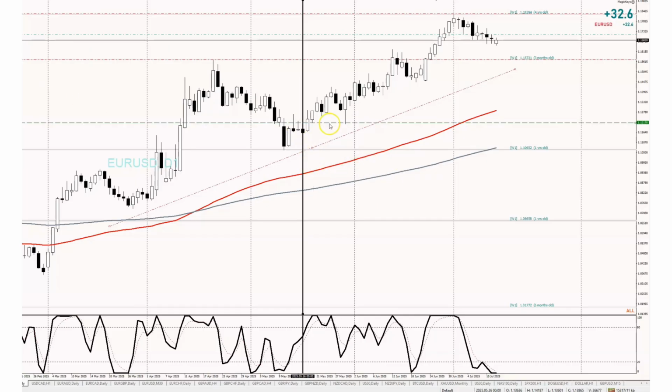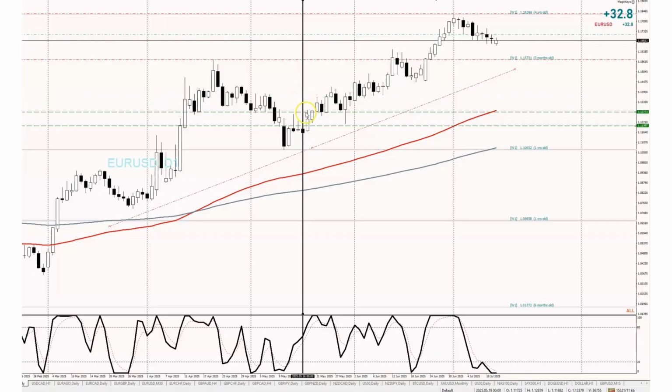Potential entry order right there, on the break of that candle. Conservative entry order: break of this high, right? Entry order one. Possible, more conservative, two. Aggressive, a little bit more aggressive.